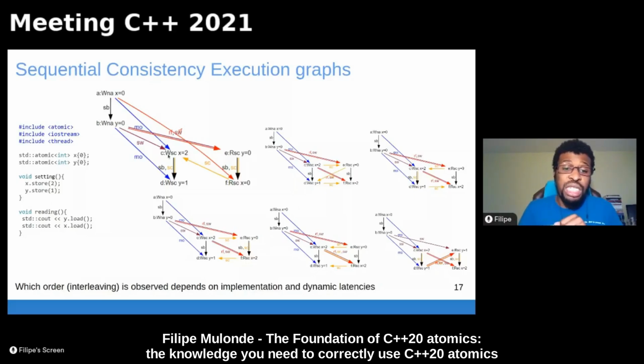But what I would like to mention here is that even when we are using a sequentially consistent memory model, the execution of a program can still have multiple orders of execution, right? A program, even though it's using sequential consistency, can still have different orders of execution. And which order is observed depends on implementation and dynamic latencies.